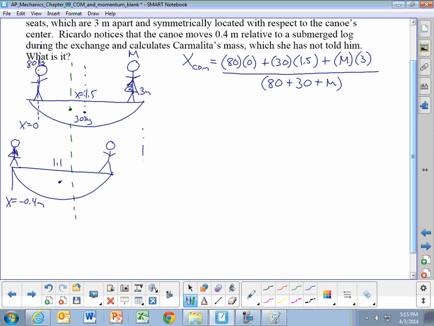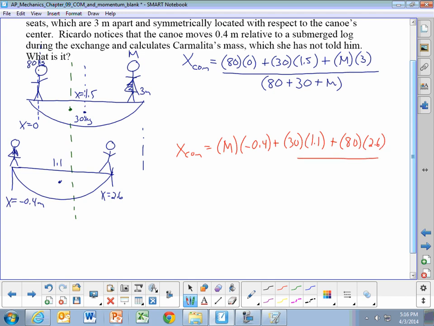So if this was 3, this is 2.6. And so the center of mass after they trade places would be m times negative 0.4 plus 30 times 1.1 plus 80 times 2.6, divided by 80 plus 30 plus m.